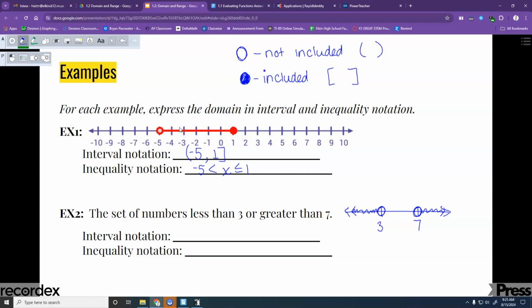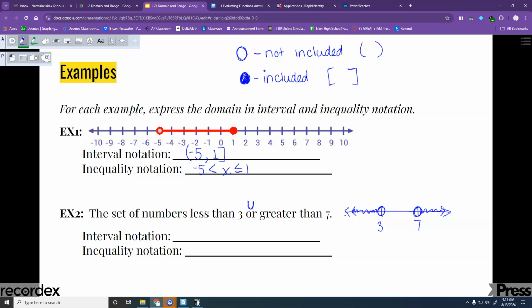That means when I say that OR right there, I'm going to need to use that union symbol to tell me that I'm going to have two separate things. So if I do interval notation, if I go all the way out to the end of the number line, as far as I can go, what's going to be on the left-hand side of that number line? It goes past 0. You got -1, -2, -3, -4, -5, -6, -7.